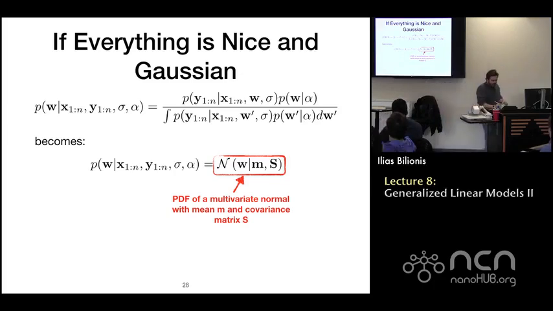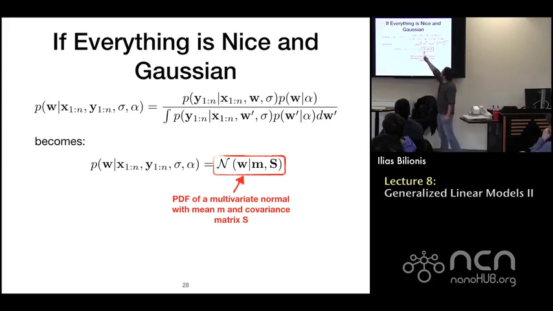If you wanted a formula for that, I don't really remember it exactly, but it would be kind of like this: determinant of the covariance to the power minus 1/2, times the exponential of minus 1/2 (w minus mu) transpose S inverse (w minus mu).